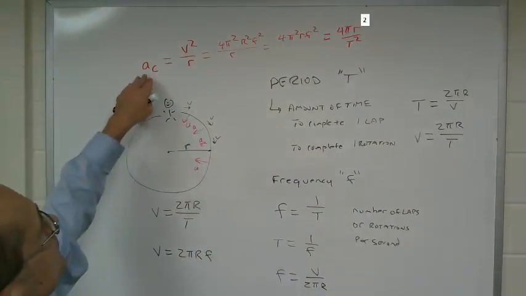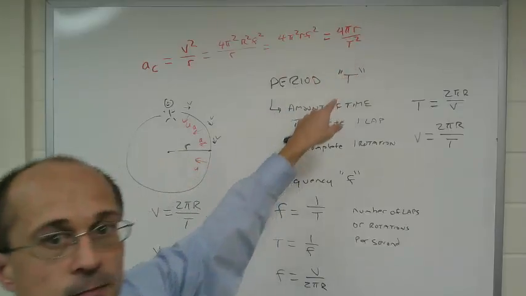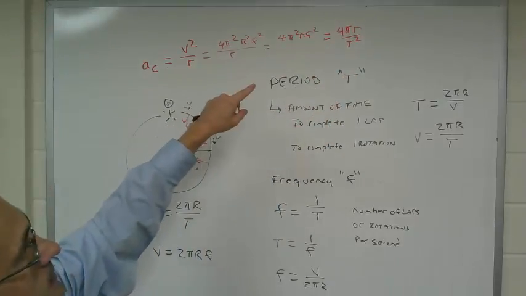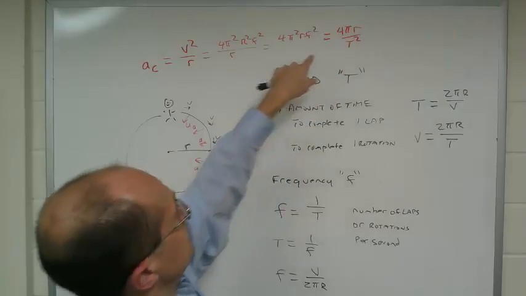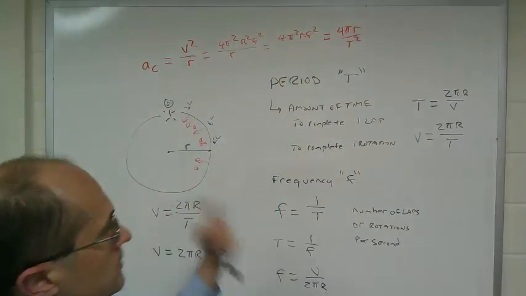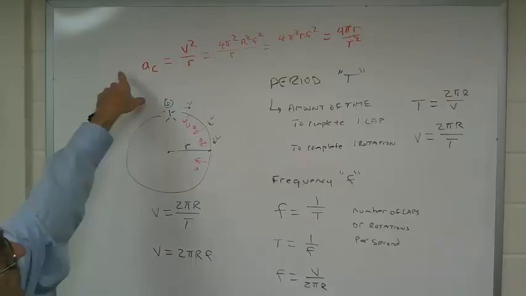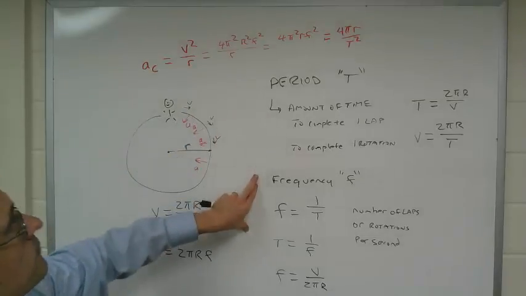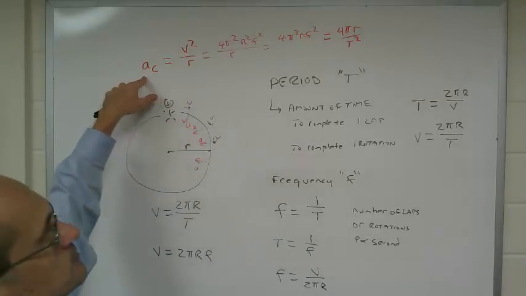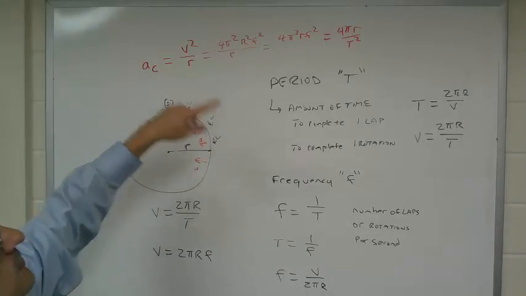So we can relate our centripetal acceleration to our period, which is the amount of time it takes us to complete one lap, and the radius. Or we can relate our acceleration to the frequency, which is how many times we rotate in a given second, or how many laps we complete per second. New definitions, period, frequency, and we can define our centripetal acceleration, which we looked at earlier, in terms of these new quantities.